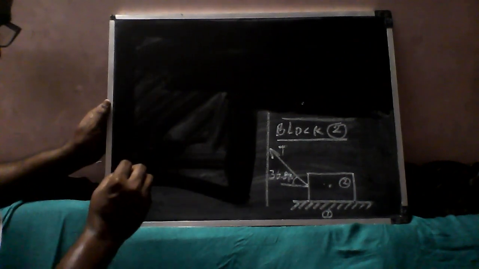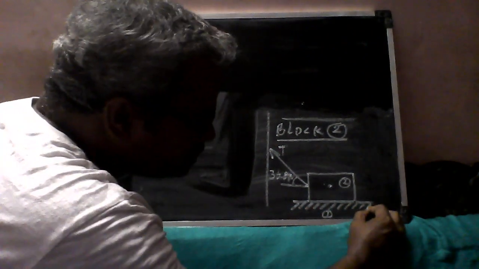While investigating block 2, first of all, you can draw the free body diagram. This block 2, while I am pushing block 1 to the right side, there will be a relative movement of block 2 to the left side.